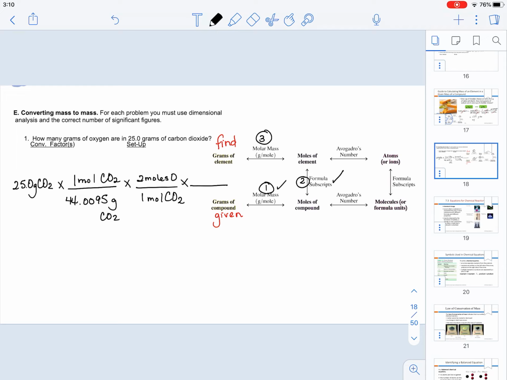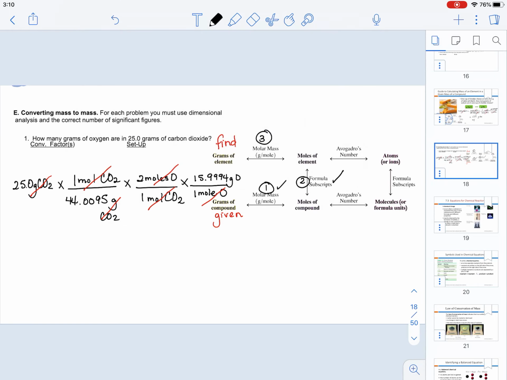I utilize my second conversion factor. And in the last one, I'm going to say 1 mole of oxygen is going to equal the molar mass of oxygen, which is 15.9994 grams of oxygen. So if I cancel my units, grams of CO2 cancel with grams of CO2, moles of CO2 cancel with moles of CO2, moles of oxygen cancel with moles of oxygen.